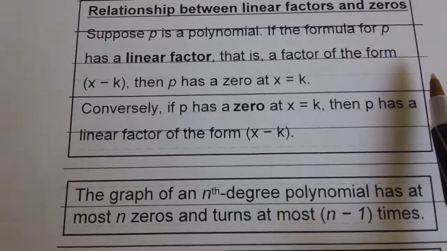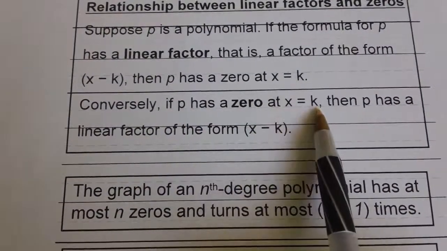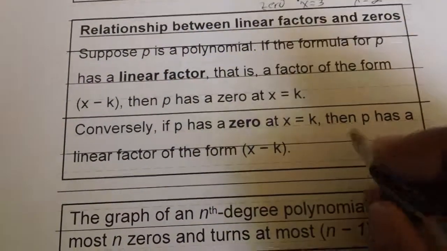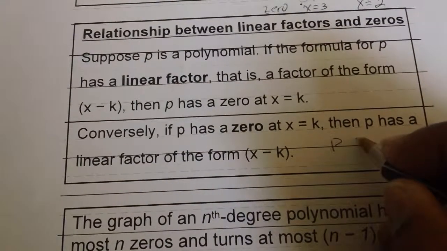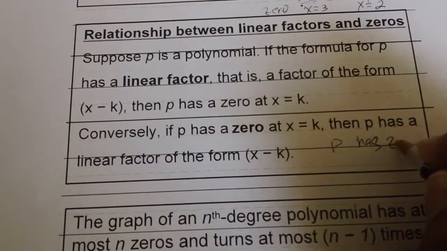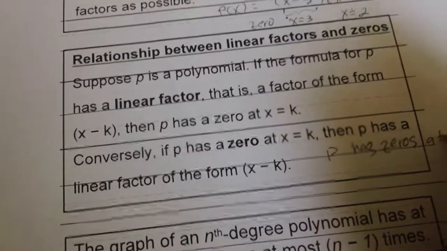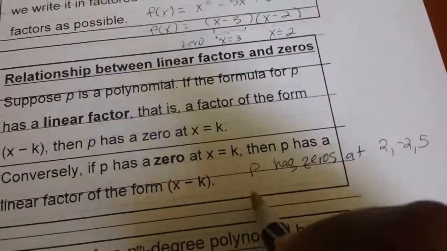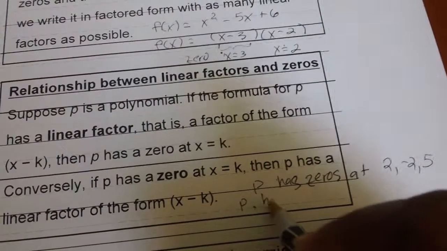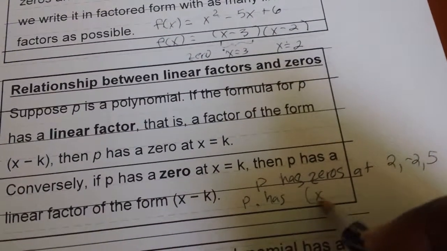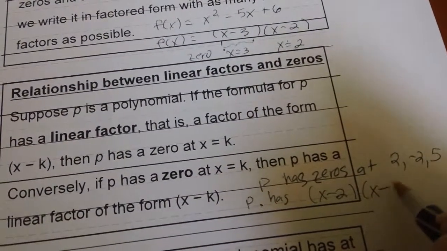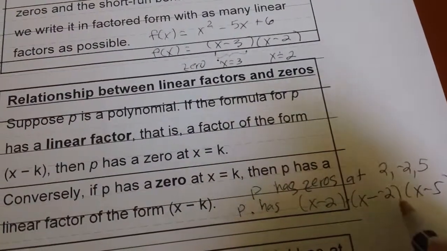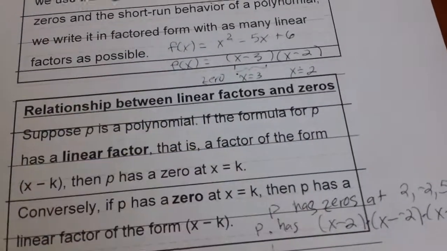Okay? Conversely, if p has a 0 at x equals k, then p has a linear factor of the form x minus k. So that means if someone tells me that p has zeros at 2, negative 2, and 5, then that means that p has linear factors x minus 2, x minus negative 2, and x minus 5, which means I can multiply them together and get a form of p.